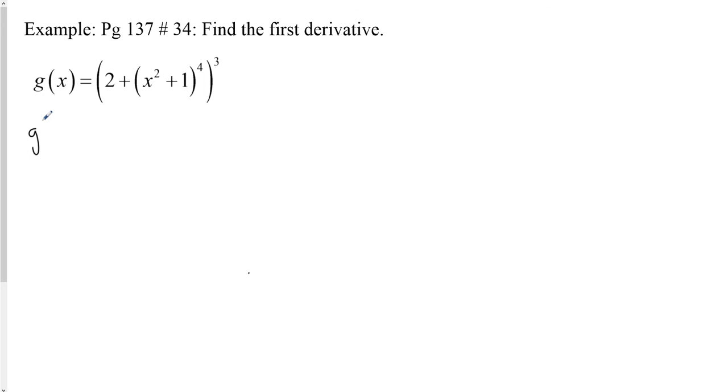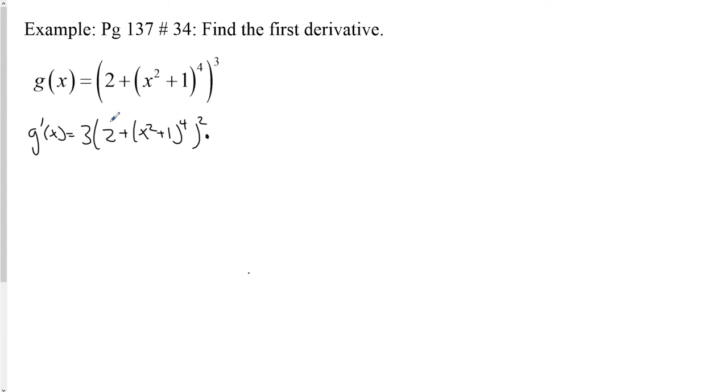So when I go to do my derivative of g of x, again, applying the general power rule, I bring the 3 down front and I leave everything on the inside alone. So it's 2 plus x squared plus 1 to the 4th, all now to the 2nd power. That times the derivative of what's inside.